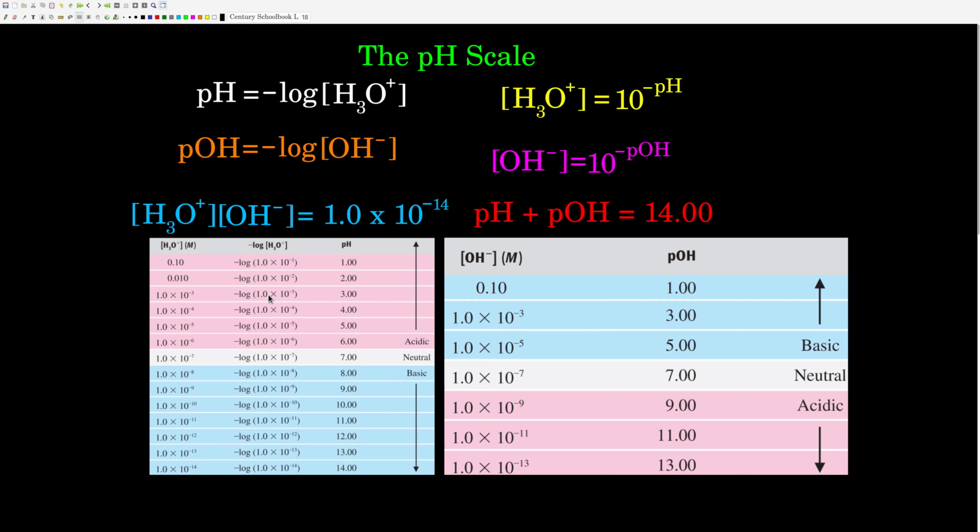Now we can look at the scale, and it's good to be able to estimate pH or concentration of hydrogen ion without doing the actual calculation, although usually we'll do the calculation. So if this is always 1 times 10 to the minus something, if it's minus 1, then negative log of that is 1. Minus 2, it's 2, minus 3, it's 3, and so on.